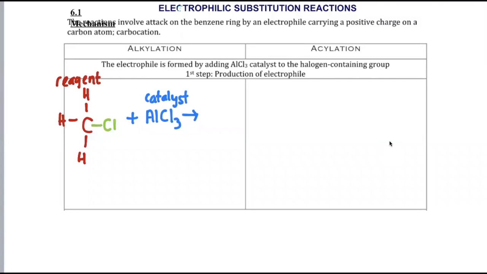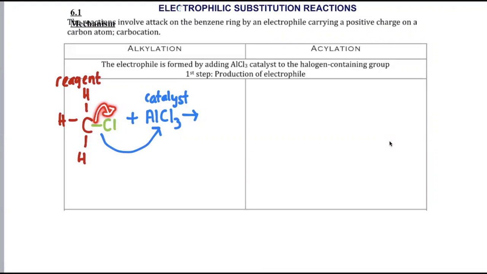What happens in this first step is the carbon-chlorine bond breaks. I draw the arrow like that, but actually the carbon-chlorine bond breaks. The chlorine will get the negative charge, and the carbon will become positive. Remember, whoever gets both the electrons will become negative, and the other one that doesn't get them will become positive.